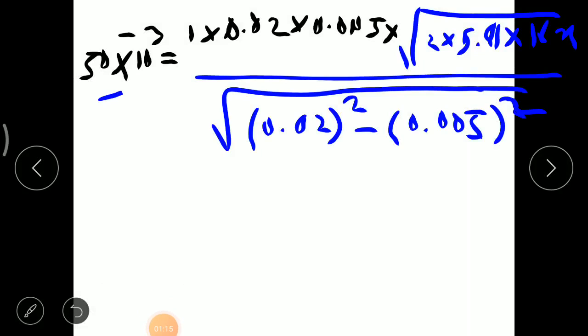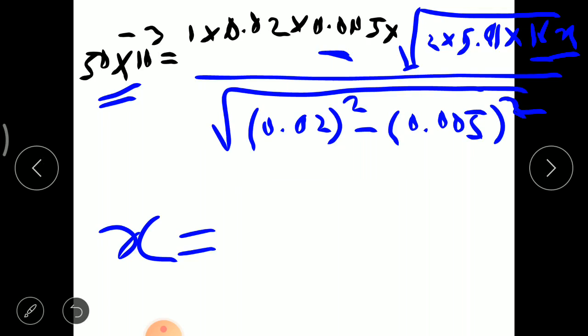Putting this value here, the expression becomes 50 into 10 raised to minus 3 is equal to 1, that is CD, times A1 equal to 0.021 multiplied by 0.005, the value of A2, times root of 2 into 9.81 into 16 times x, divided by root of A1 square minus A2 square, and here the only unknown value is x. Now by solving this equation, the value of x is equal to 0.2955 meter.